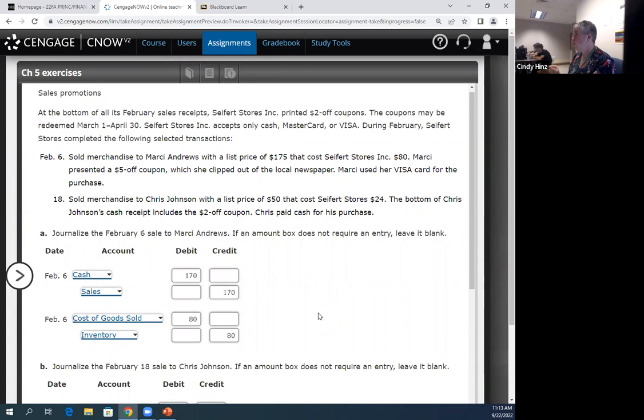What we're talking about here are store coupons. In this exercise, it's pretty simple because the coupons were issued in February and then had to be redeemed in March and April. If this was the end of the year though, and they issued the coupons in December to be used in January or February, that creates a little bit more of an issue from an accounting standpoint, because the store knows that they have kind of a liability to accept those coupons, and they're going to lose a little bit on their sale.